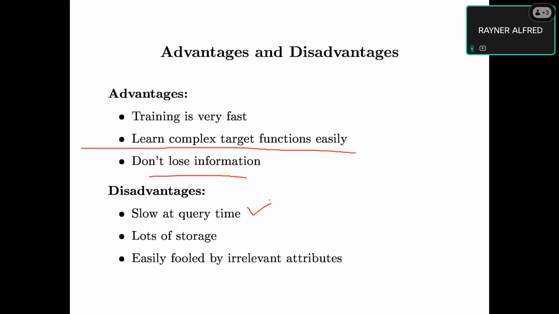The disadvantage is that it is slow because you need to compute the distance from one new data point to the rest of the data that we have. So if you have 1 million rows in your data set, you need to compute 1 million times. It also needs a lot of storage because you need to store all of them, and it is easily fooled by irrelevant attributes because they are using similarity here. So if you have an attribute that has outliers or different values, it will affect your classification.